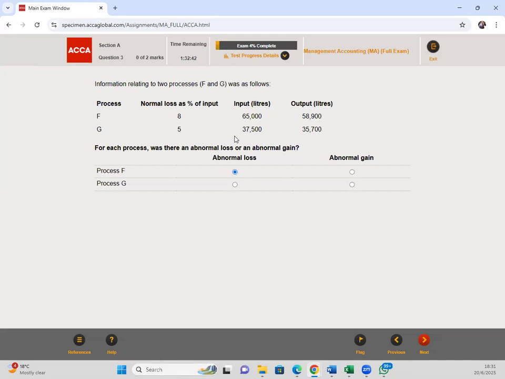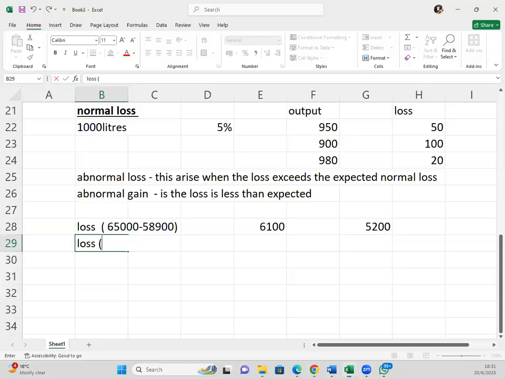The loss is 5%, but what is the actual loss? 37.5 minus 35.7. What's the actual loss? 1.8. So I'm told the actual loss is 1.8.